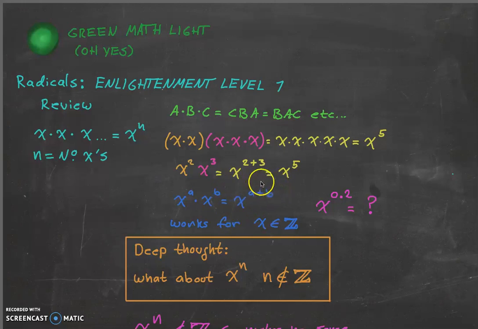Now, this is what we've learned of exponents, and we notice that they only work for integer values of n. Actually, no, this is wrong, let me fix this.